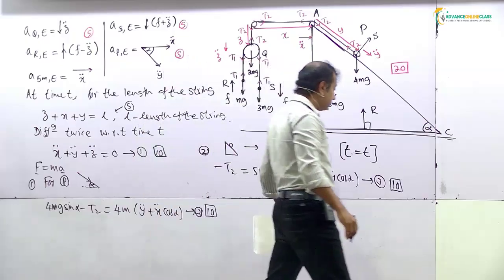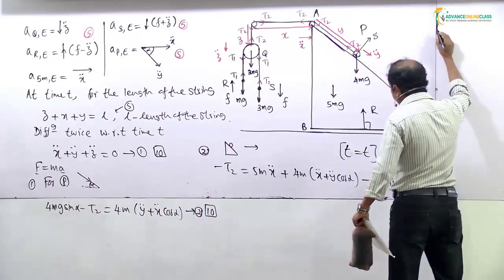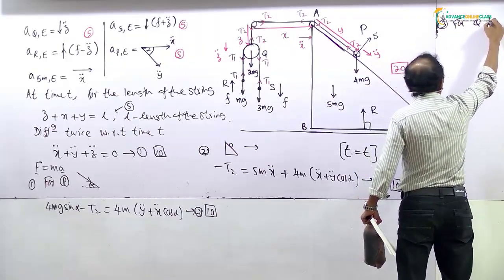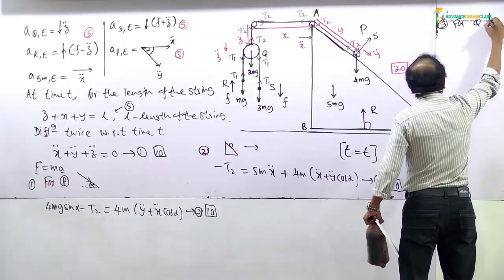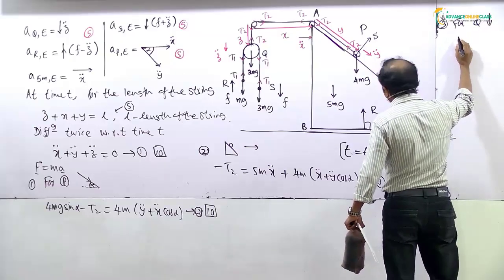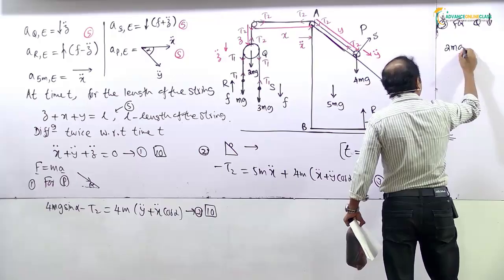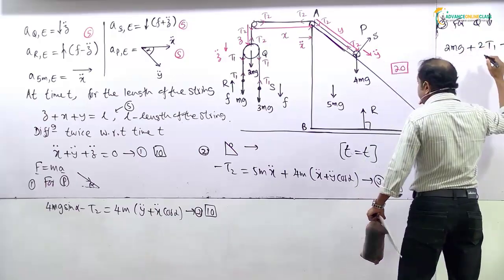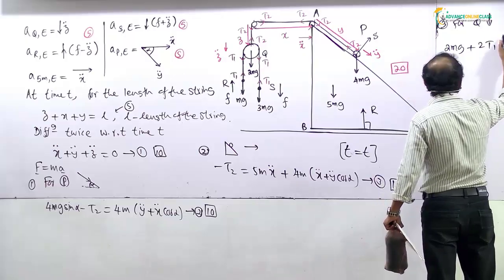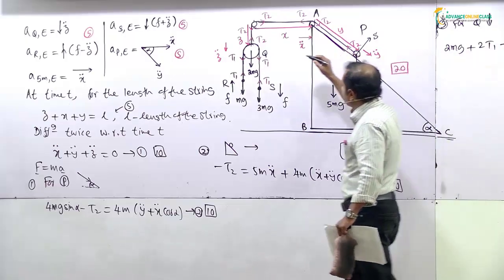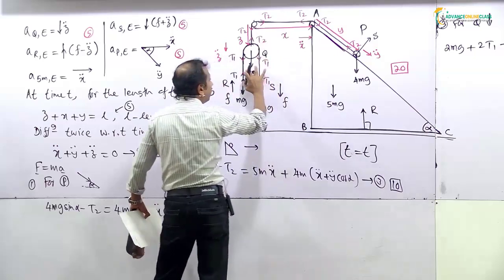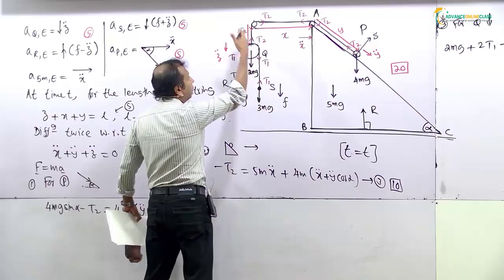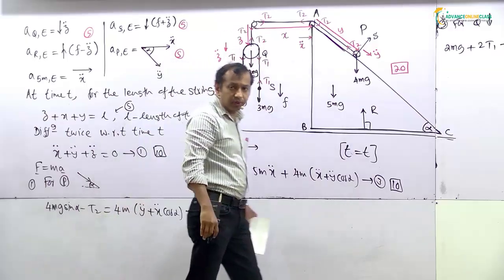Next one, number 4, for Q downward direction, the forces: 2mg plus T1, T1, 2T1 minus T2. On this Q, the forces acting are 2mg downward, 2T1 downward, and minus T2.